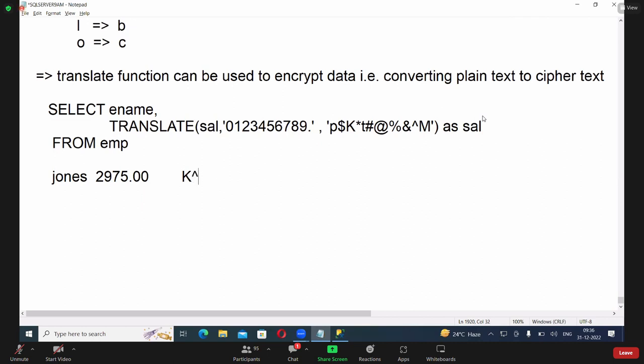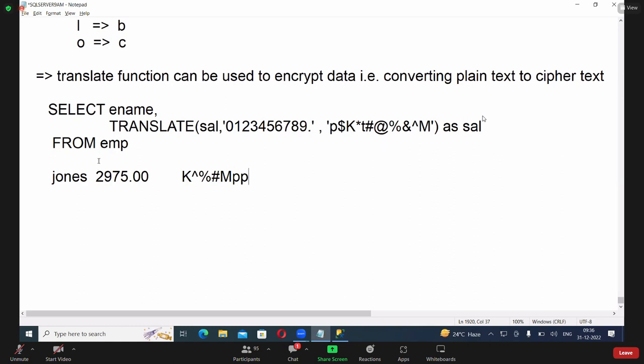7 is what? Percentage. Sorry, percentage. Next, 5 is what? 5 is hash. Next, dot is M, and 00 is PP. That's all.